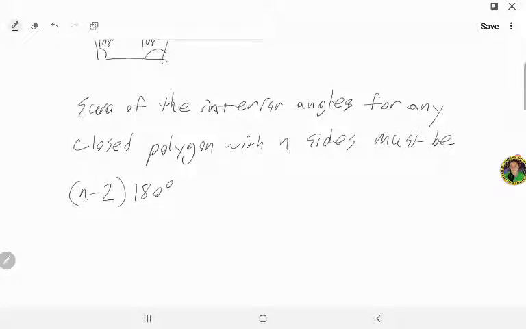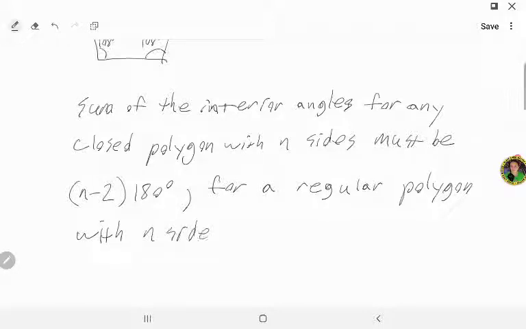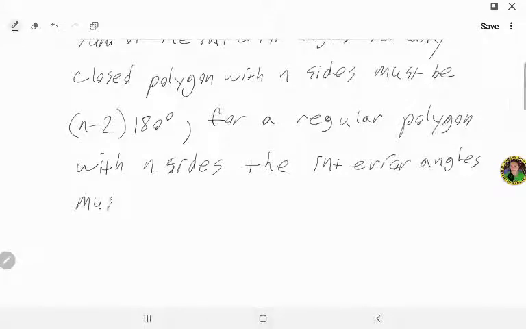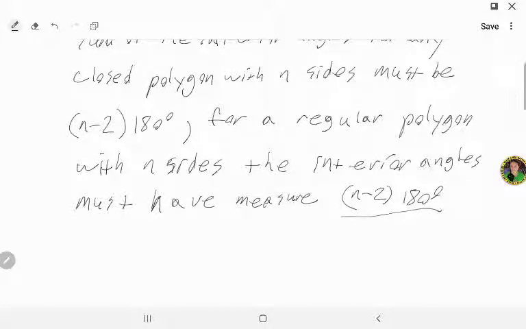And so what that means is that for a regular polygon with n sides, the interior angles must have measure n minus 2 times 180 divided by n.